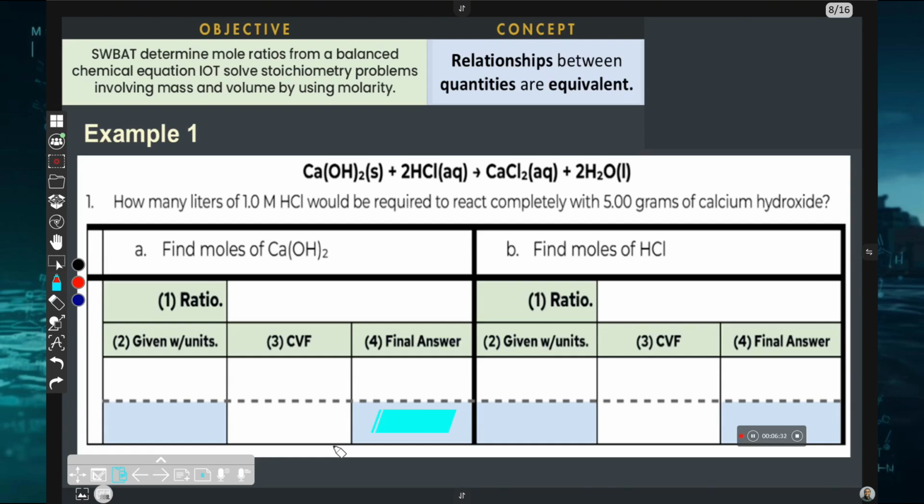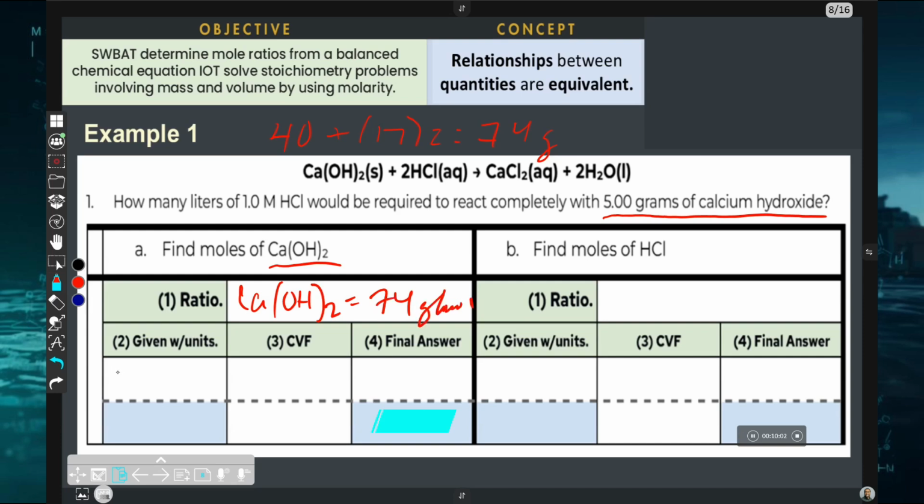So the first thing we need to do is convert the grams of calcium hydroxide to moles of calcium hydroxide. So that means we need to know the molar mass of calcium hydroxide, which is 40 plus 17 times 2, so 74 grams per mole.